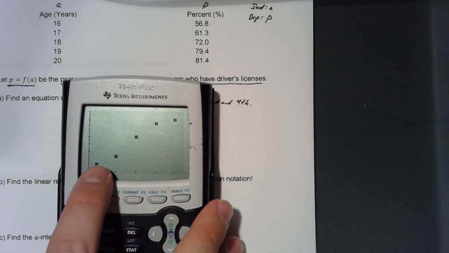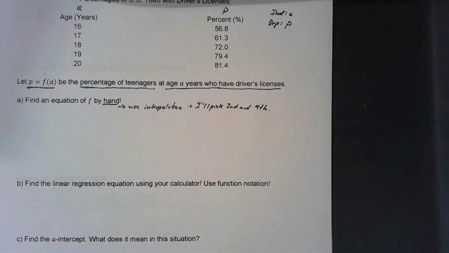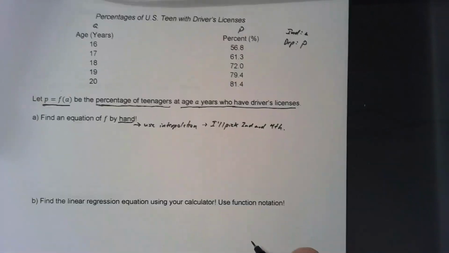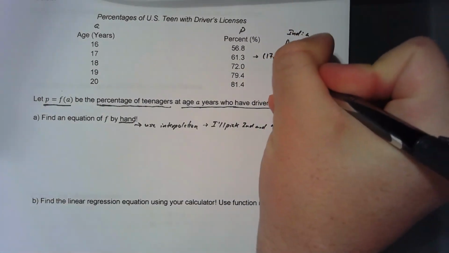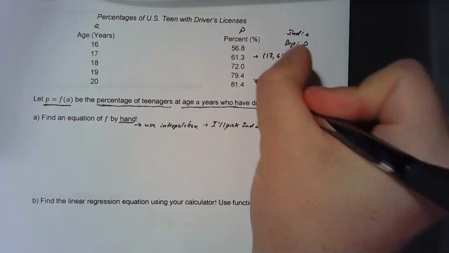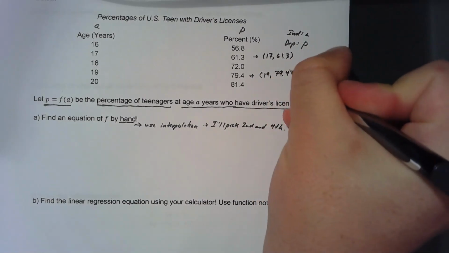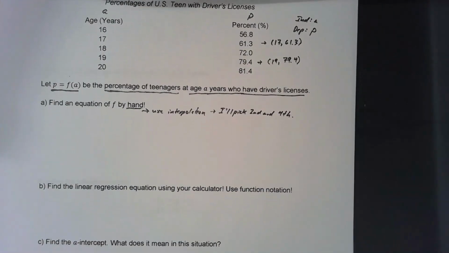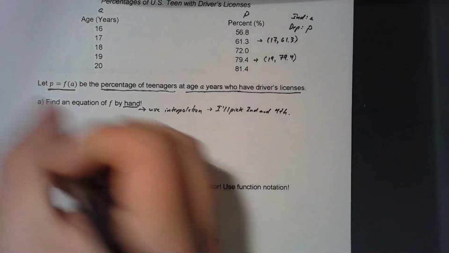That's up to you, just as long as it's not the first and the last, because that would not be interpolation. So the second one is this ordered pair, 17, 61.3, and the fourth one is 19, 79.4. So when I find the linear equation, I have my 2 ordered pairs.